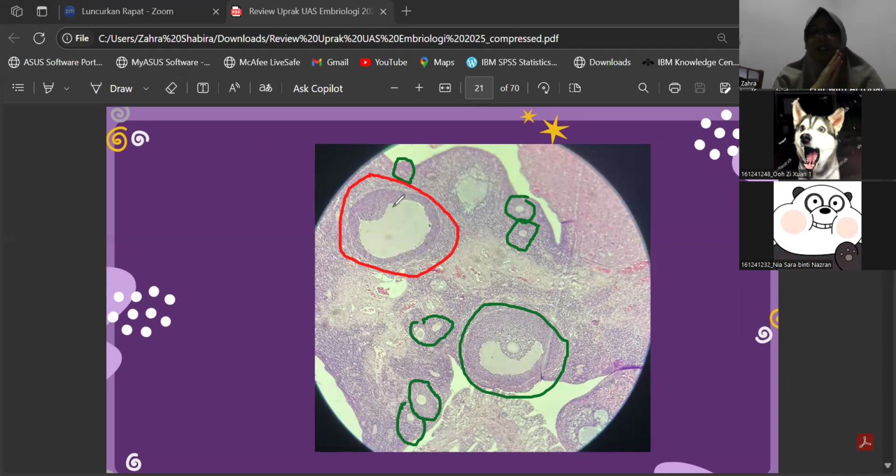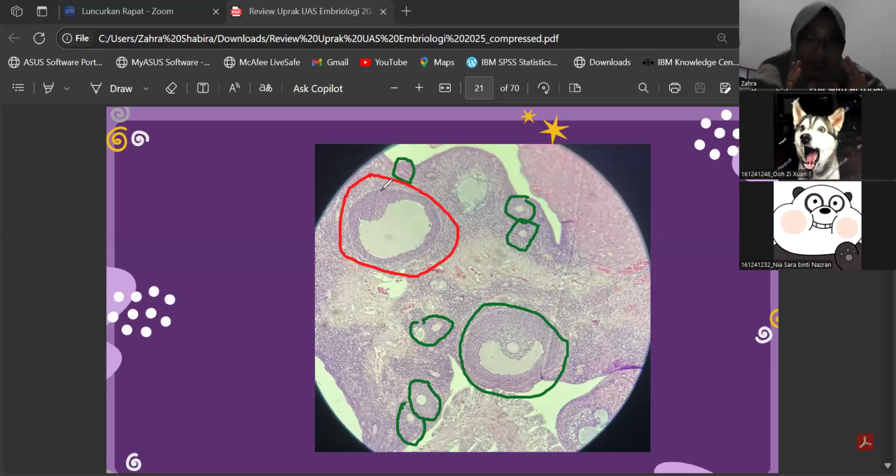Now I ask, do you see an egg over there? Oocyte over there? Do you both see there's an oocyte inside this follicle? It's okay to answer. Go ahead. No. No, okay. So if there is an oocyte, yes, it's true, you can answer graafian follicle.